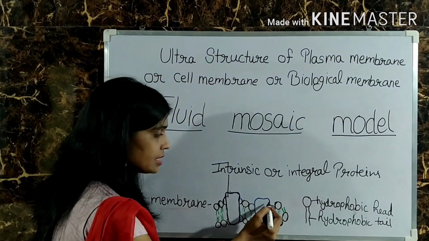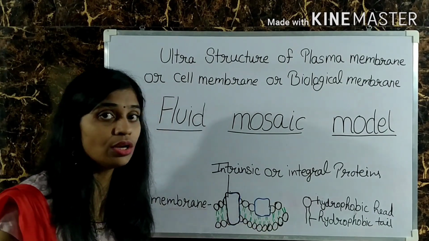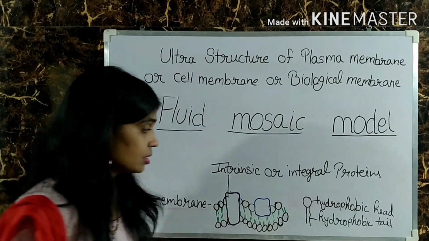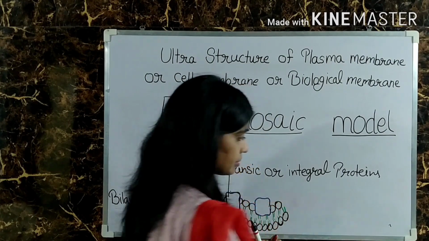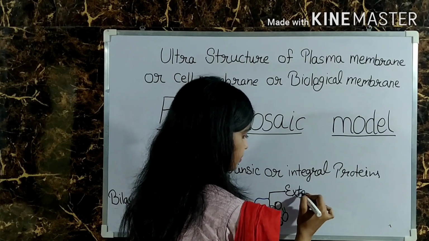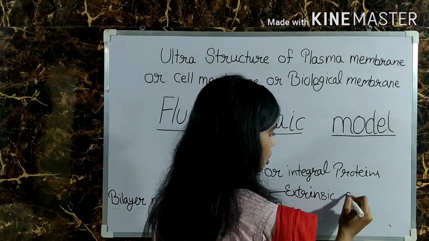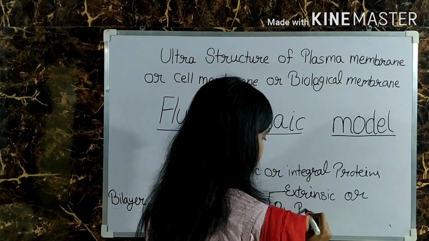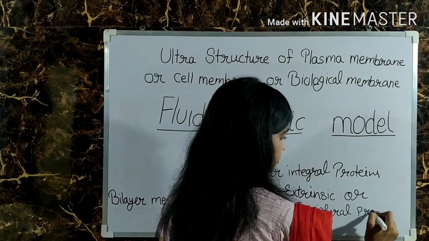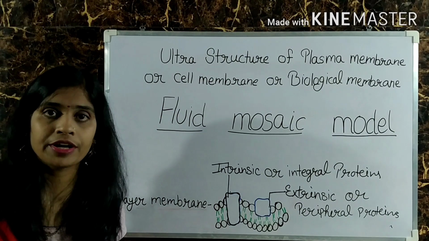The other proteins are present either on the upper layer of the phospholipids or the lower layer of the phospholipids. They are called extrinsic or peripheral proteins.